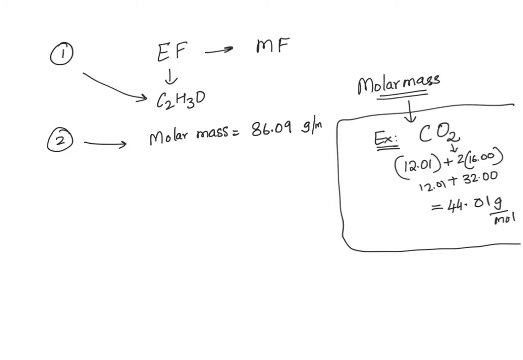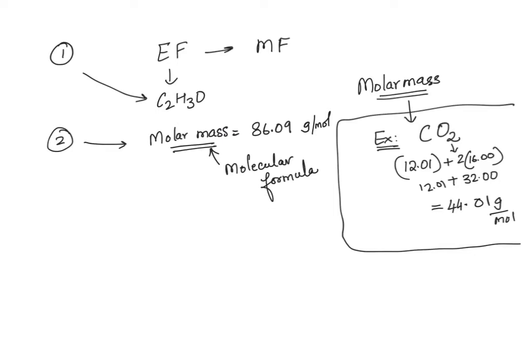Molar mass is the mass of the compound that you get from the molecular formula, which is not equal to the empirical formula. You need to understand that the molecular formula is not the same as the empirical formula. It might be the same, or it might not be the same.